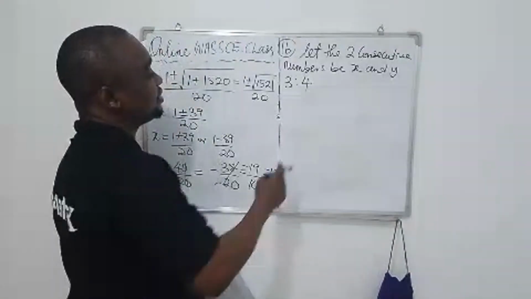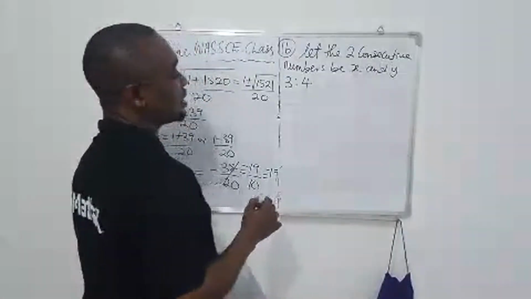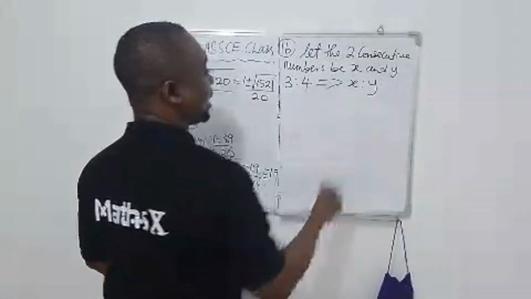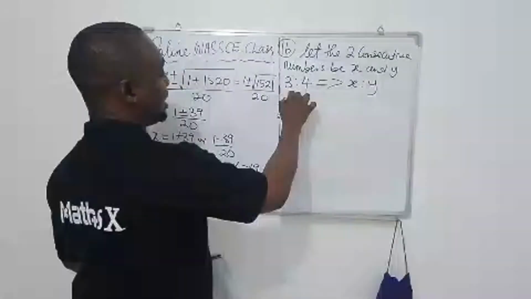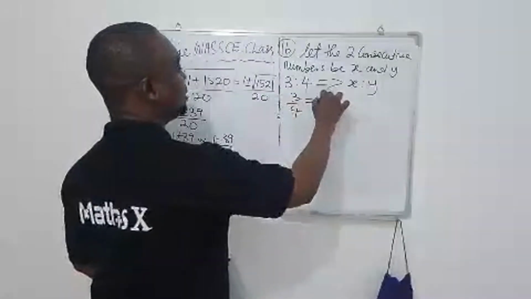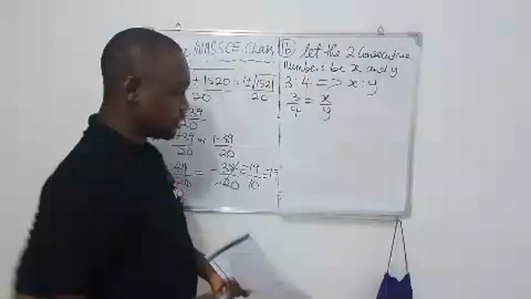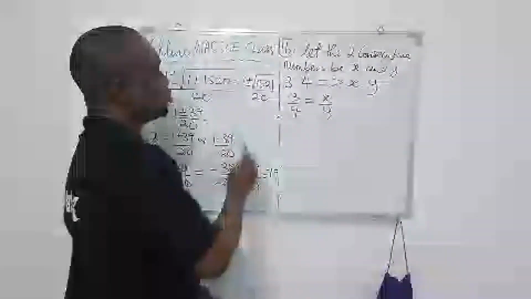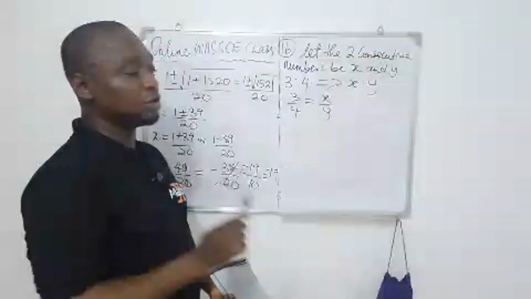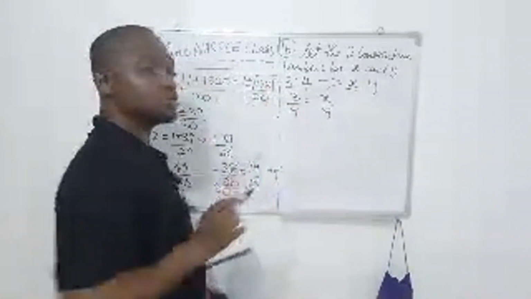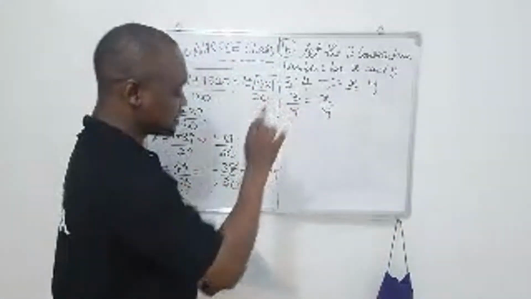So if the numbers are x and y, it means that 3:4 implies x is to y, meaning that 3/4 is the equivalent of x over y. Looking at this ratio, you should also know that 3 is the smaller one. So x is to y clearly means that the smaller number is x. And that's what they asked us to find, the smaller number.